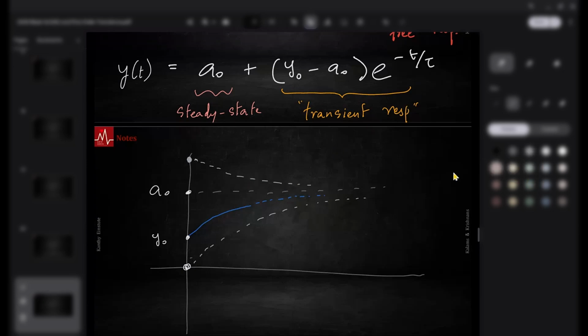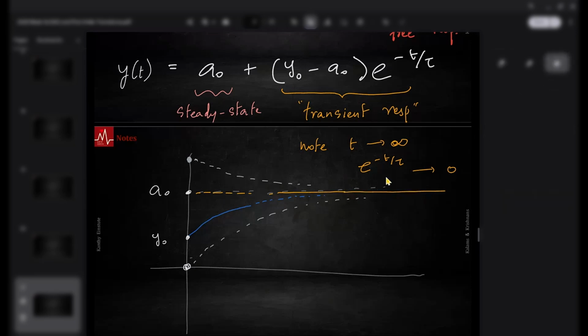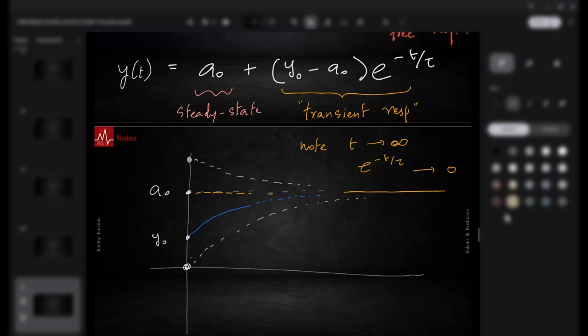So note, t tends to infinity, e power minus t by tau tends to 0. So there is no transient response. They all go to that equilibrium value. Steady state or equilibrium.